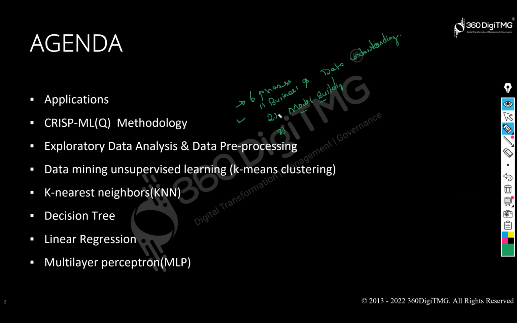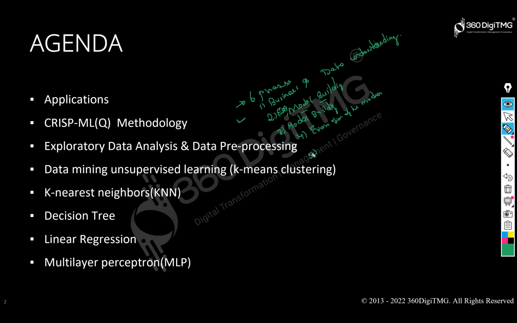Second phase is for exploratory data analysis. Third phase is for model building. And the fourth phase speaks about evaluation of the model.